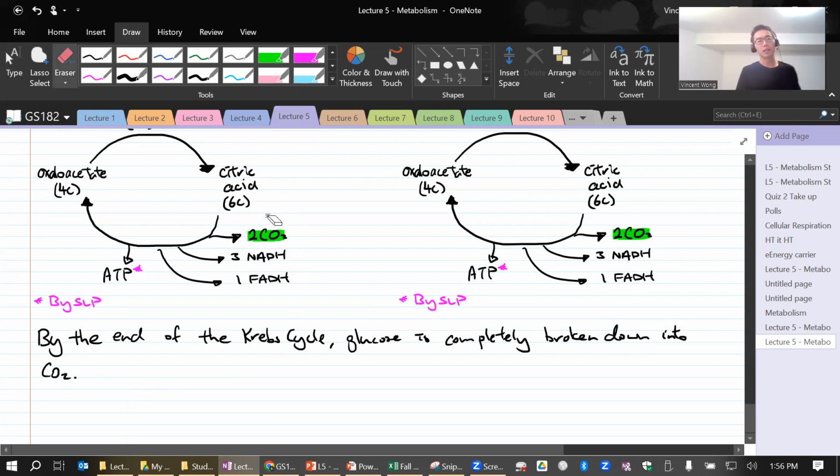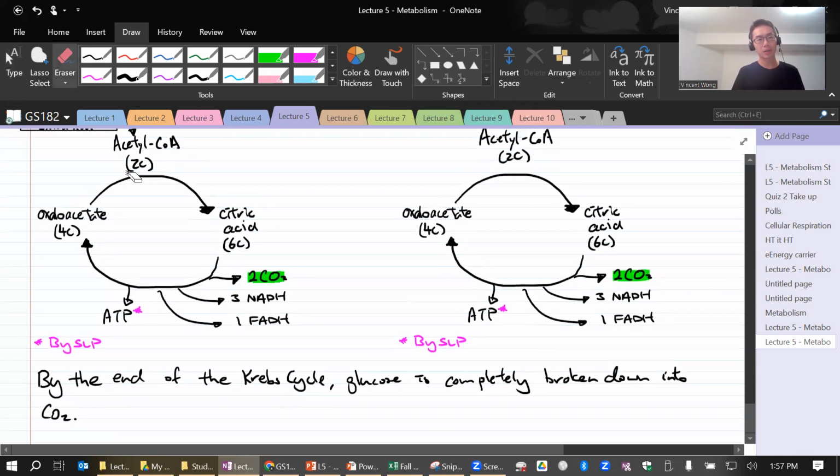Okay. So from the 6 carbon, you take away the 2 carbon in carbon dioxide. That's how you get back to 4, right? And then you can combine with another acetyl-CoA, and then it's a cycle.